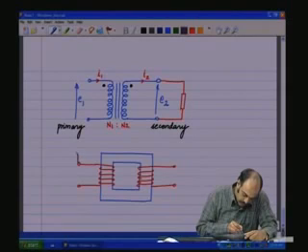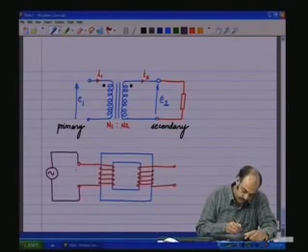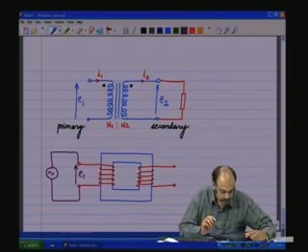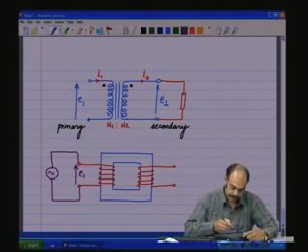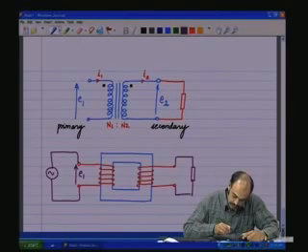We are going to connect an AC source of frequency F across the primary, which is going to result in voltage E1. So the applied and the induced are going to balance each other, and there is going to be a load resistance or an impedance here, which is going to result in E2.